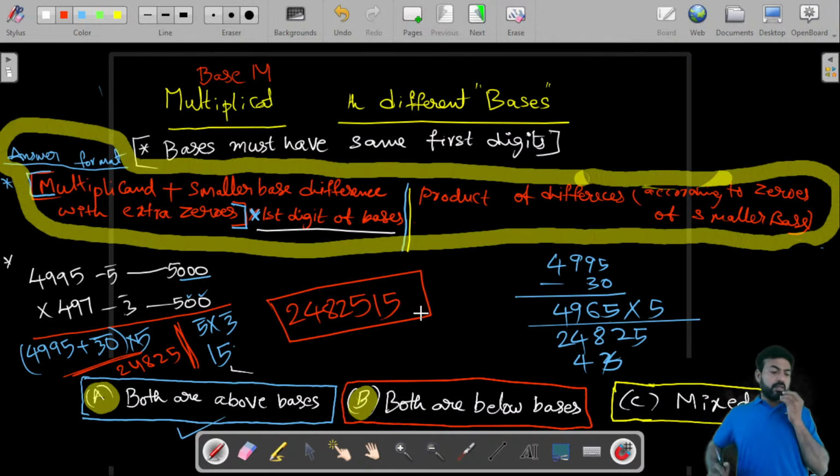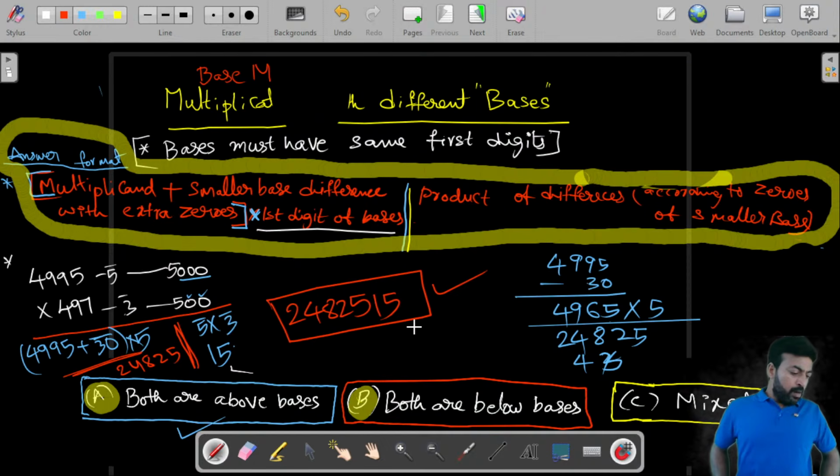Can anyone check the answer using digital root? Good, Darshit. The question's digital root is 0, and the answer's digital root is 0. Okay, good. That's good.